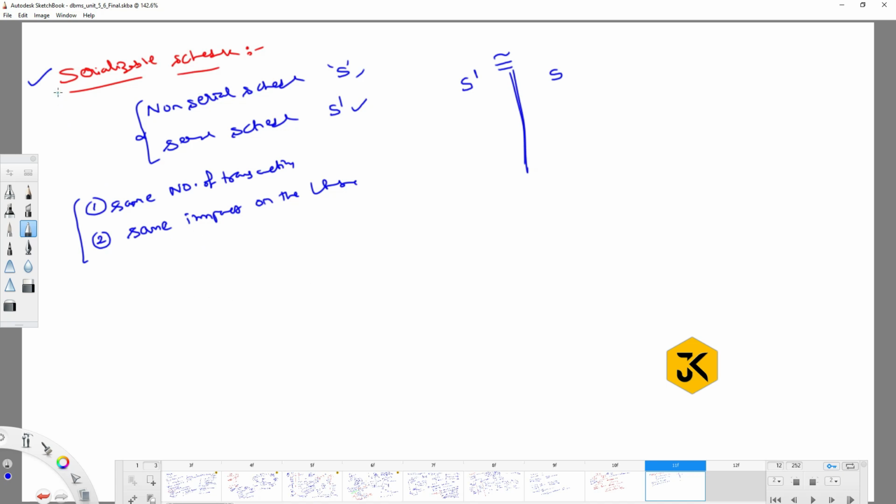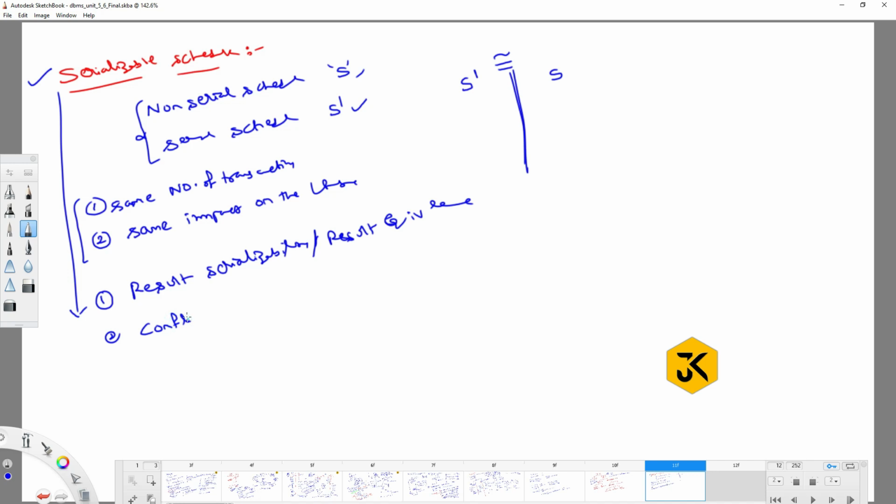Basically, the serializable schedule can be defined in three ways. One is in terms of result, which we call result serializability, or result equivalence. Another is conflict serializability. Another one is view serializability.